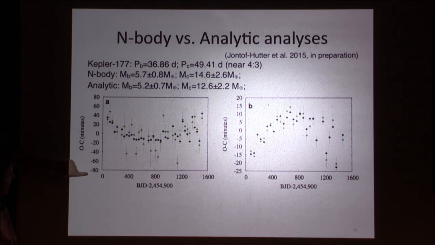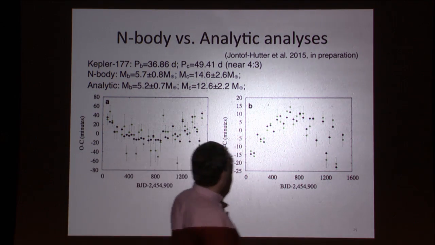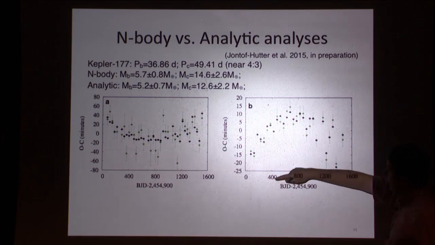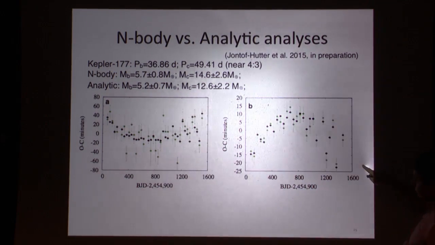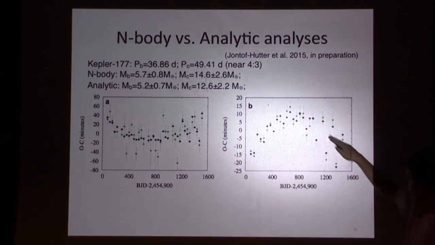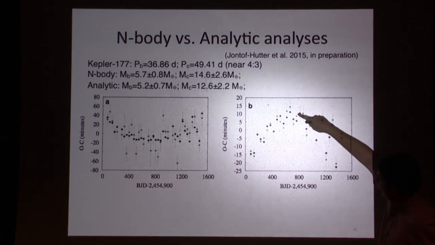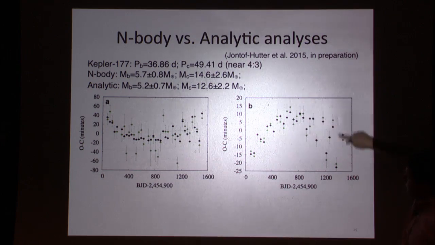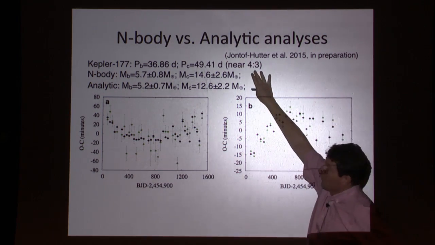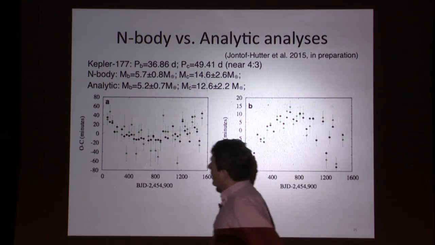This shows the transit timing variations, which vary by of order an hour or so, versus the Kepler mission lifetime for the inner planet, and this one for the outer planet. And you see here there's a parabolic trend, which probably would turn into a sine if we could have extended the life of Kepler. But then there's also a chopping signal that's seen. These are close to a 4:3 period ratio.